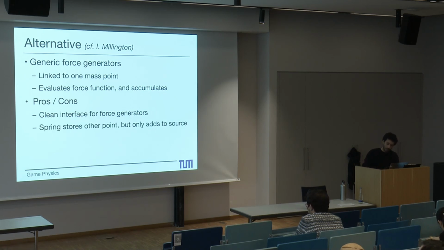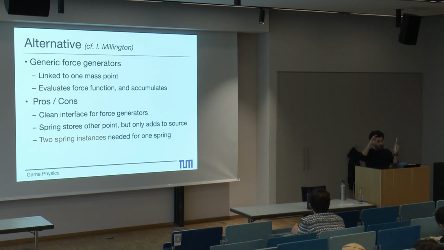However, you need a force generator for each of the two different points. Because the spring is attached to both ends, we need to compute the force of an individual spring twice, once for every point in our system. But of course, if we are trying to model a much larger number of points and a much larger body, this could make sense to some extent.